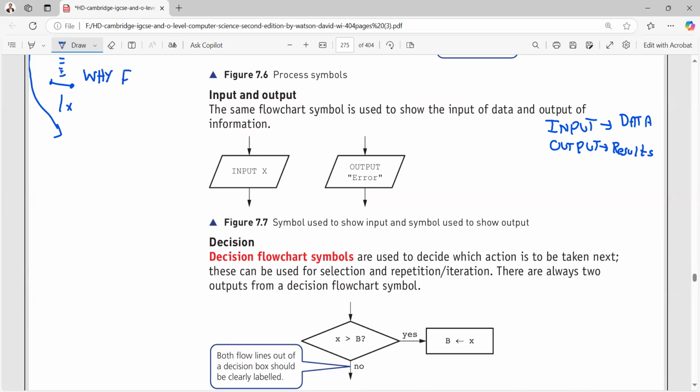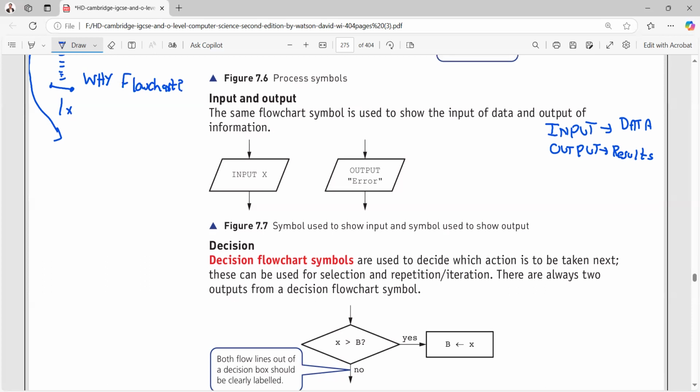Like why there is a need for flowcharts. The point is that it gives you a diagrammatical explanation of your code. It gives you a graphical illustration of your code.